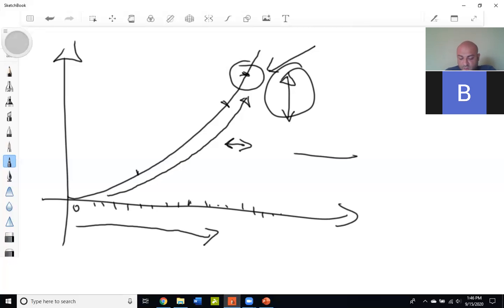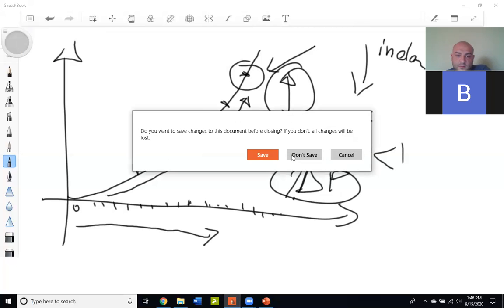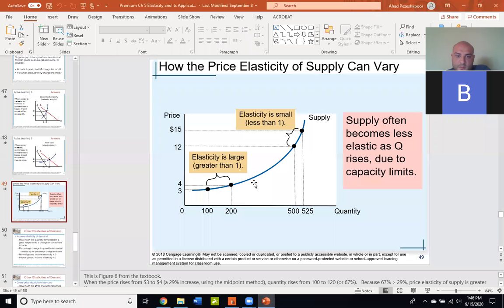When price changes are bigger, remember here in the formula, when this is bigger, therefore this is less than 1, and we call this inelastic. Supply often becomes less elastic as quantity rises due to capacity limits.